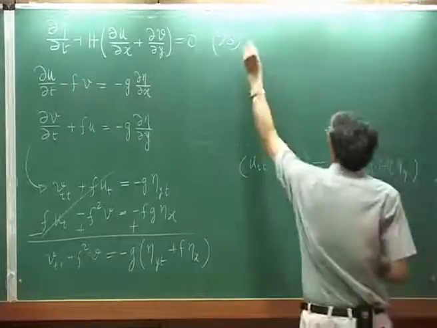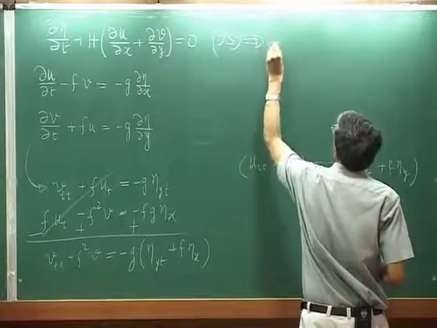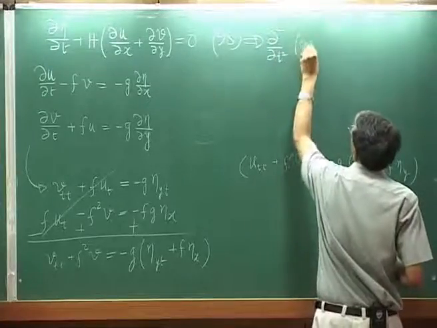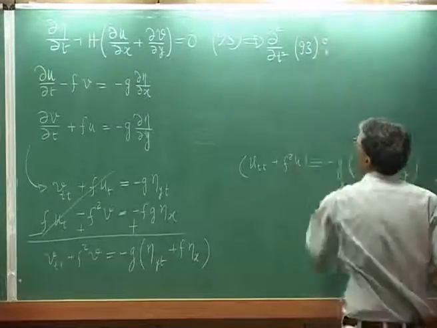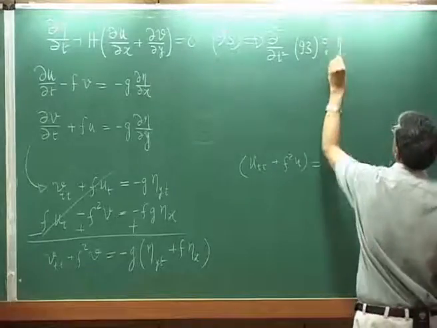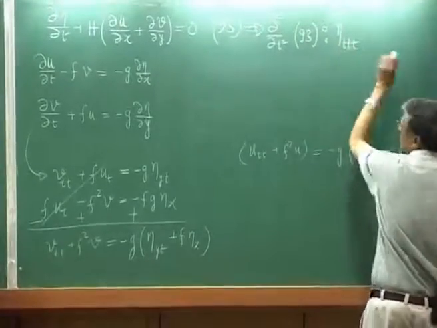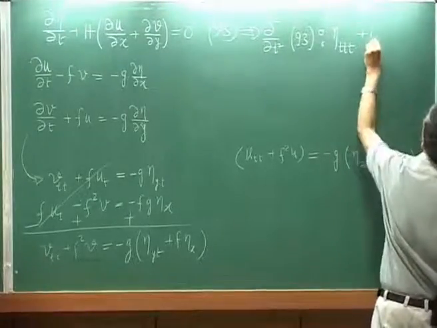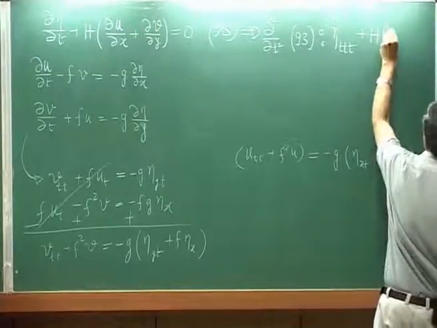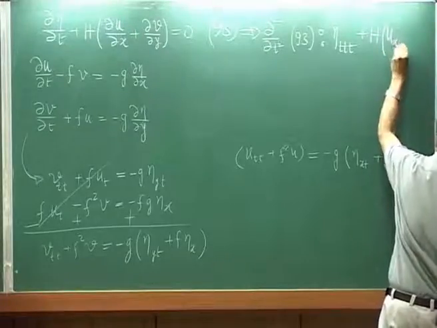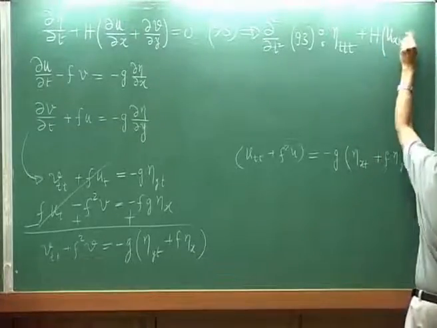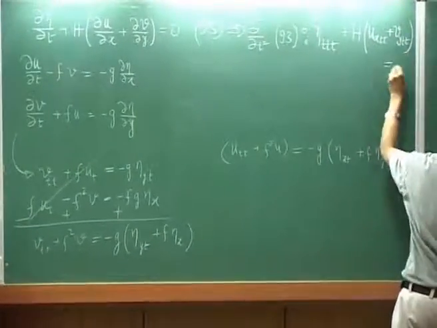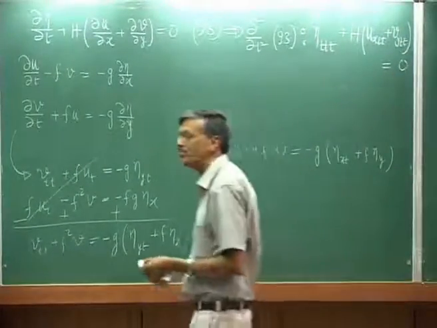From here, if I am doing this operation, then of course, I am going to get the third derivative and plus h of u x t t plus v y t t.